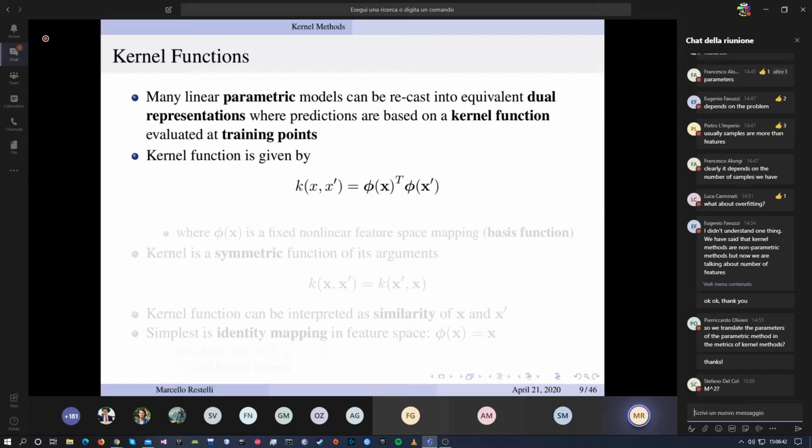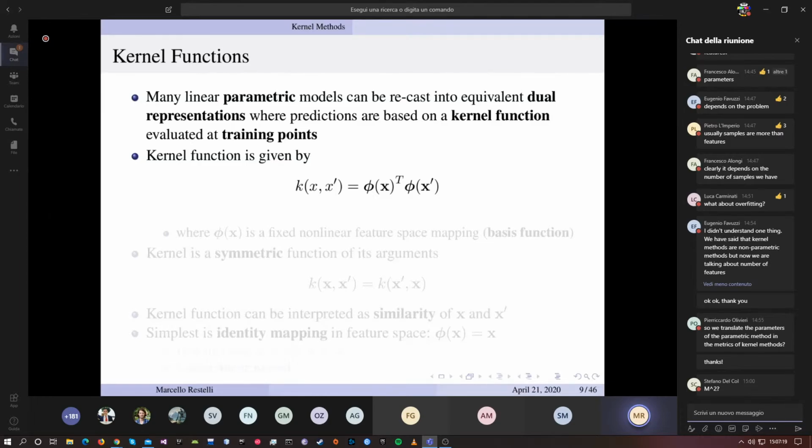So why is this a similarity measure? Because you know that the scalar product between two vectors is maximum when the vectors are pointing in the same direction, right? Because the scalar product between two vectors is given by the length of one vector times the length of the other vector multiplied by the cosine of the angle between the two vectors.